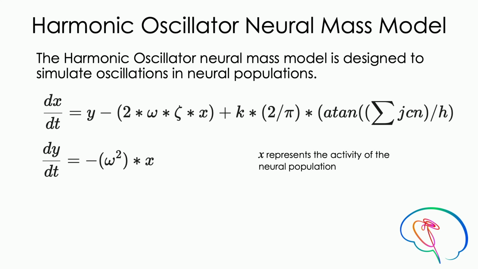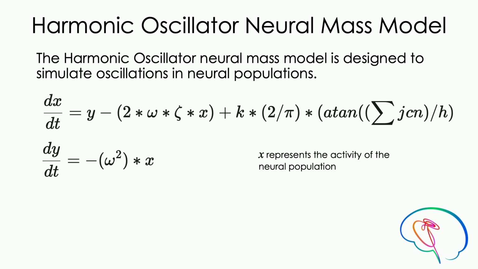The solution of that would be a sine or a cosine with a frequency omega. But then you have other terms. You have a damping term. So this thing alone would be a damped oscillator, would never actually oscillate properly. But then you have a connection which is an atan of the junction, and the junction could then be the input of something else.